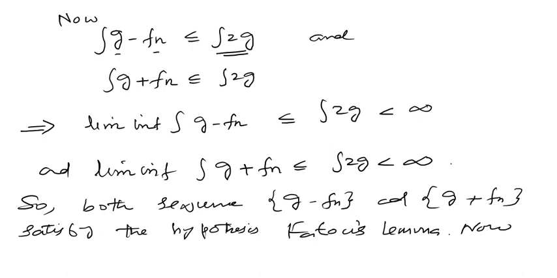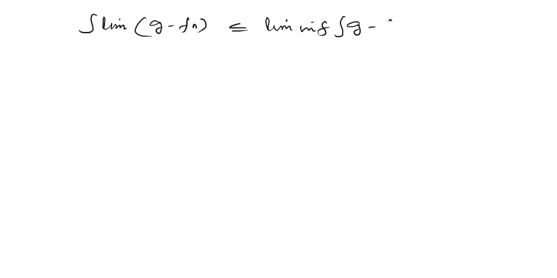we have the integral of the limit inferior of the first sequence, that is g minus fn, is less than or equal to the limit inferior of the integral of g minus fn.